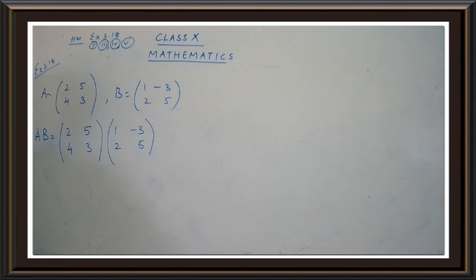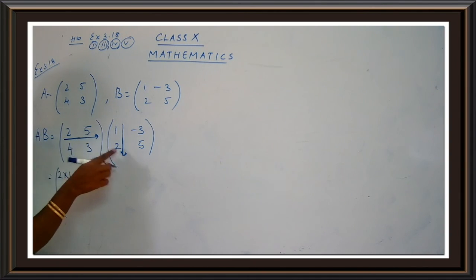Let's proceed further. How to multiply? Take the first row and the first column. Here, children: 2 into 1 plus 5 into 2.